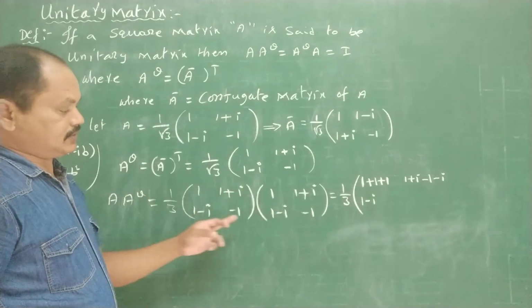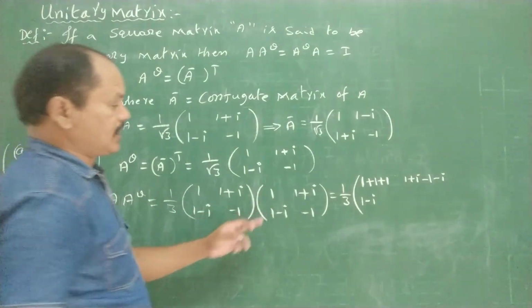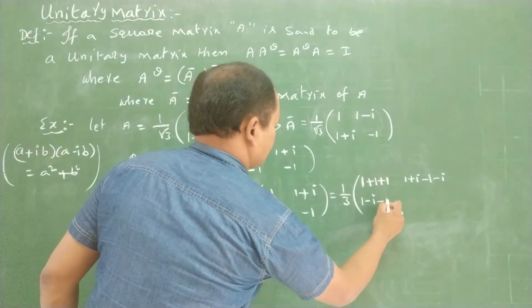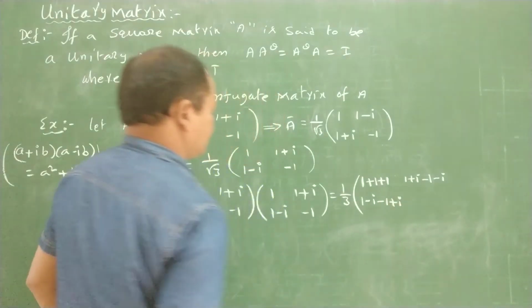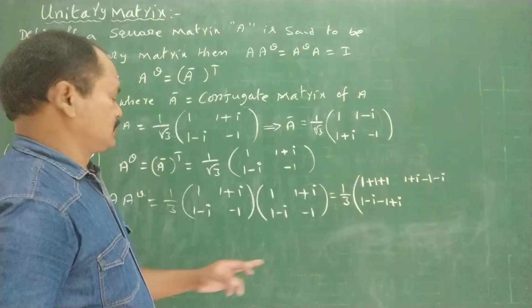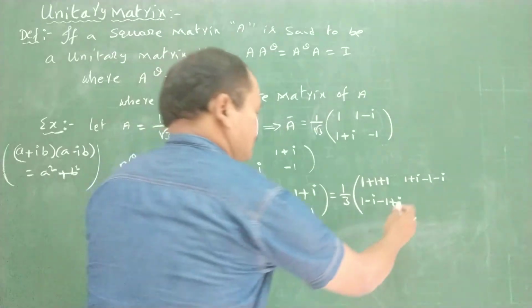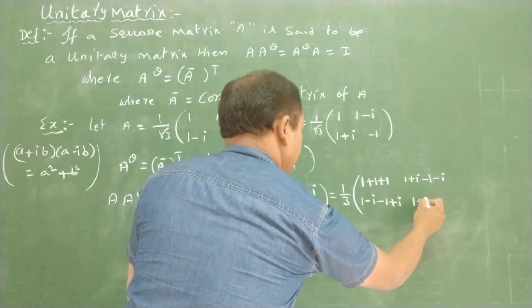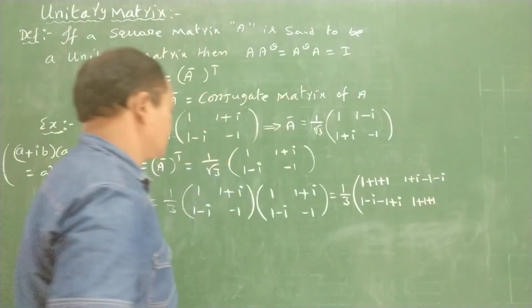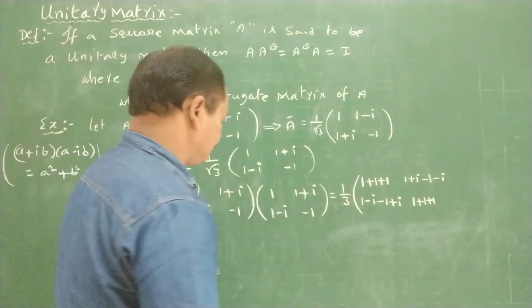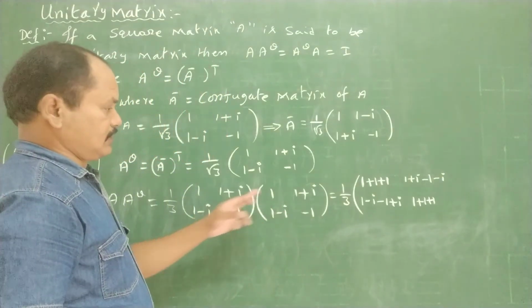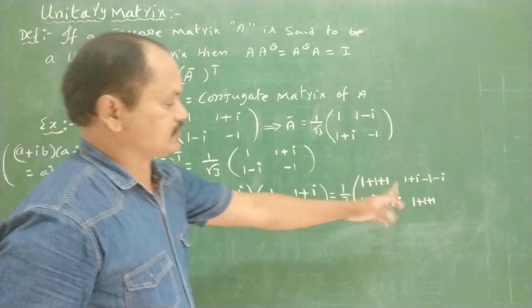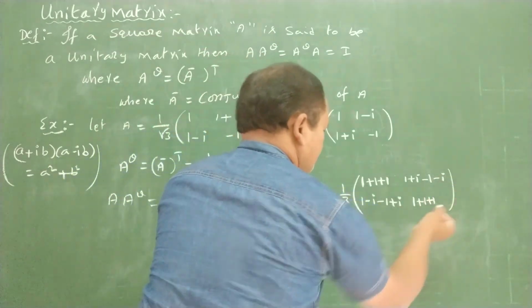This row into this column, 1 minus i, minus 1 plus i. Now this one: a plus ib into a minus ib. It is 1 plus 1 plus 1. Here it is minus 1 into minus 1 plus 1. That's all. Right?